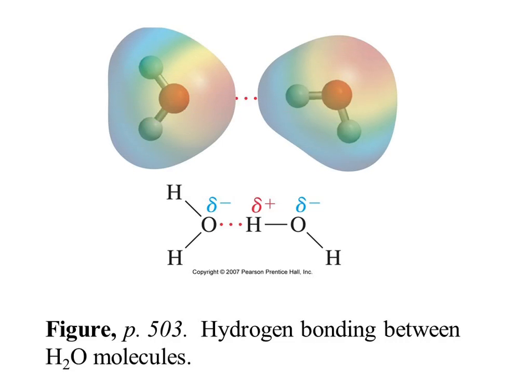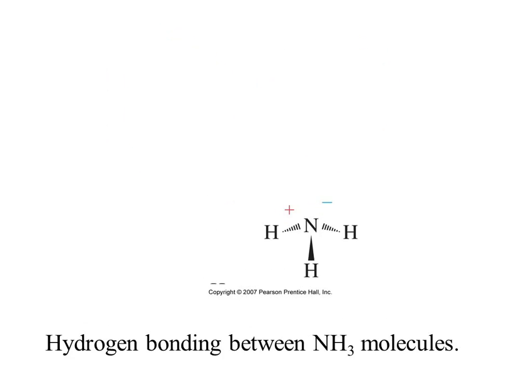So I said oxygen and hydrogen, nitrogen and hydrogen, or fluorine and hydrogen. So let's take a look at ammonia, NH3. The central nitrogen atom is partially negative, the hydrogens partially positive. If you stick another ammonia molecule next to it, that connection right there is a hydrogen bond. A dipole-dipole bond, a special hydrogen bond.